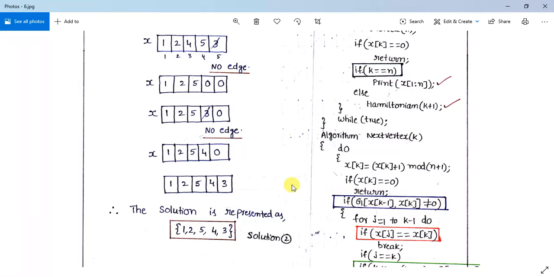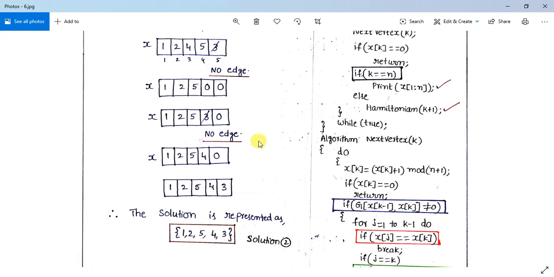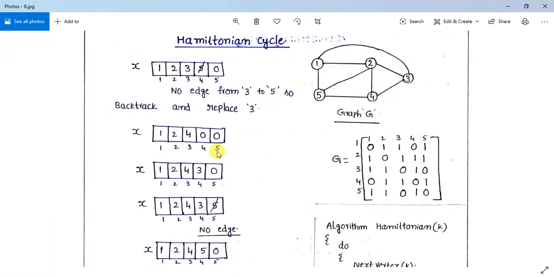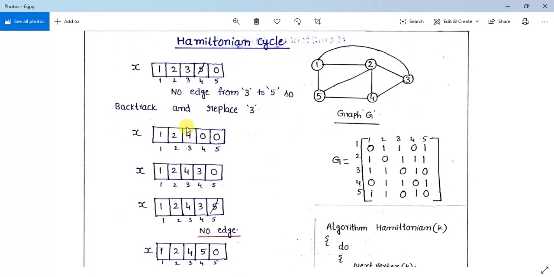Observe carefully. For filling any value in this box, what is the constraint? There should be an edge to the previous vertex. That condition you are going to check here.